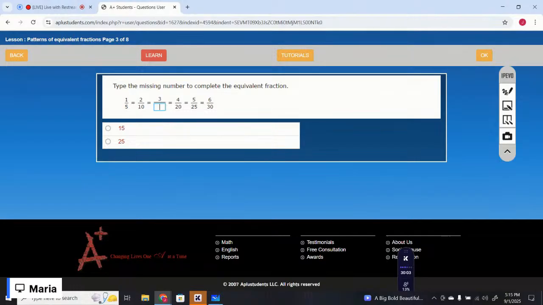Type the missing number to complete the equivalent fractions. So which number is missing? That is 15. Option number 1 is the correct option.